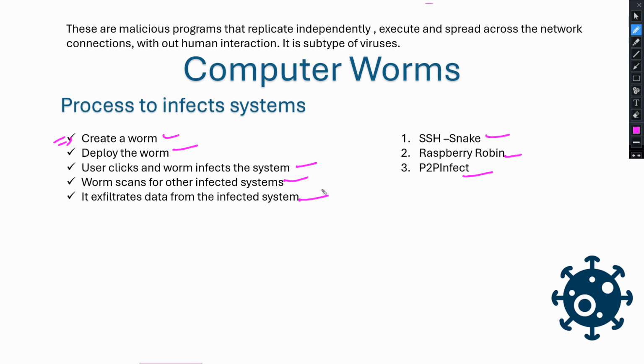A worm replicates itself and spreads through the network without human interaction. A virus might delete and alter the content of files, while a worm does not modify any stored program; it only exploits the CPU and memory. Viruses are difficult to remove from infected machines, but compared to viruses, worms can be removed easily from the system.